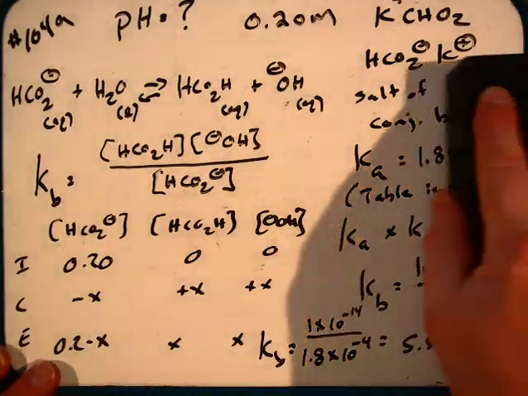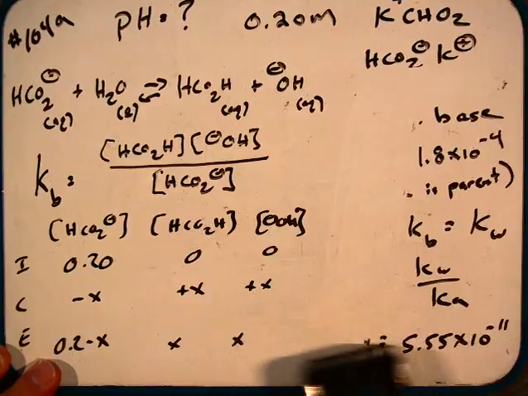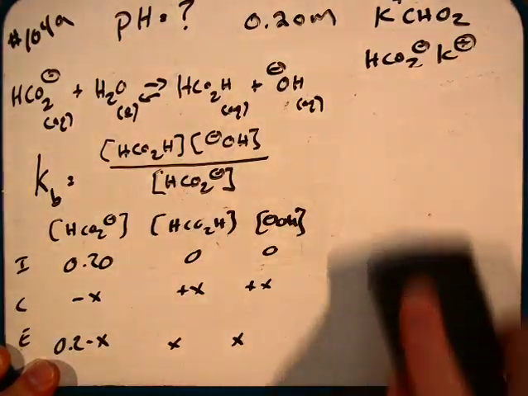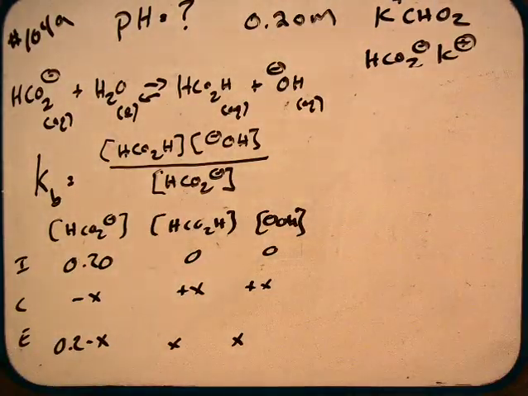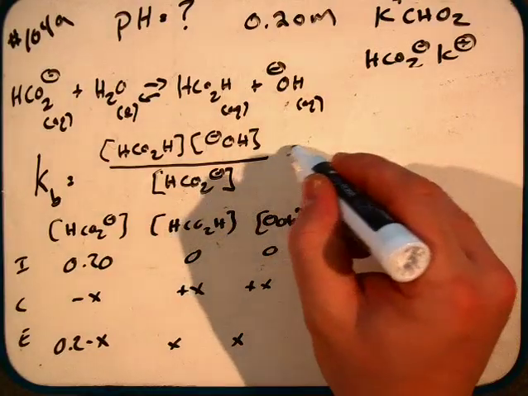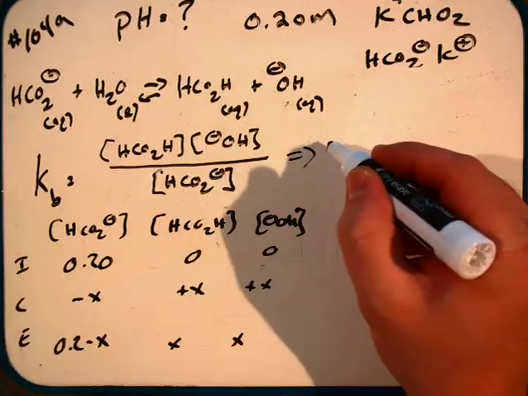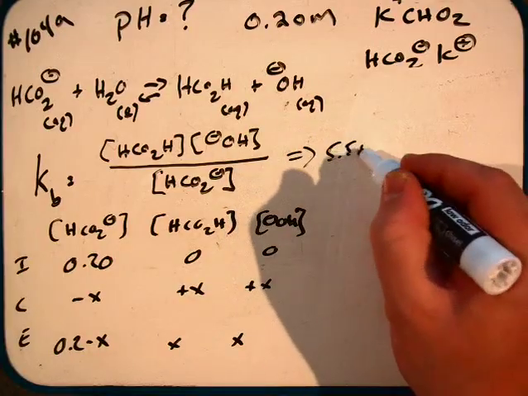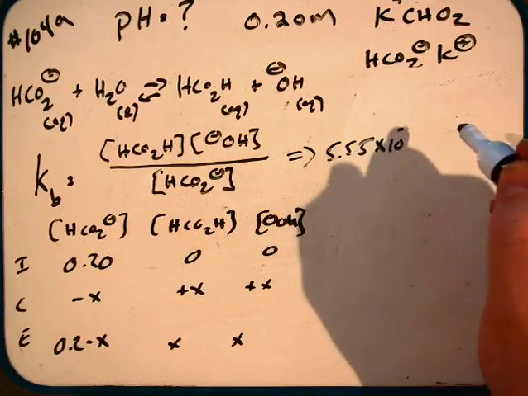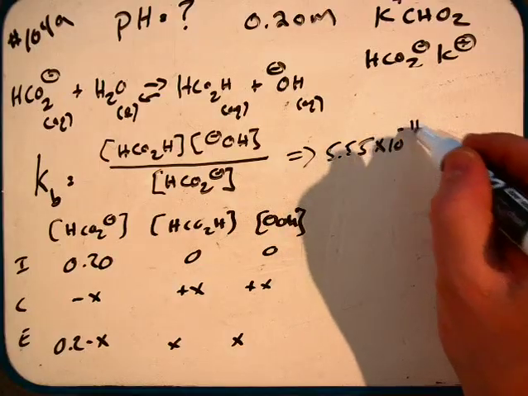So I'm going to erase some of this, make some more room. So kind of stepping off from here, our Kb was equal to that 5.55 times 10 to the negative 11th.